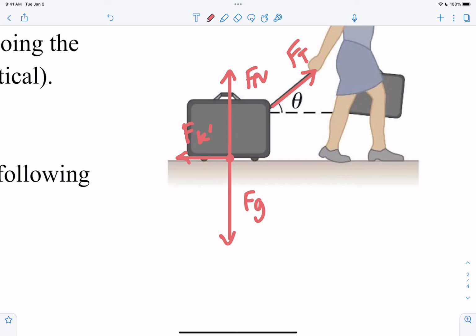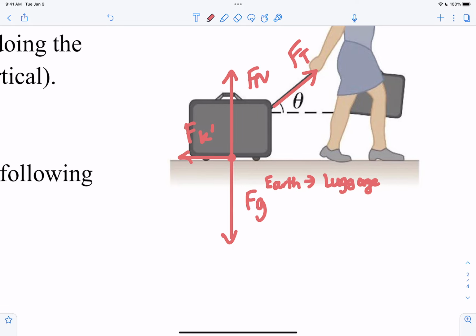Yeah, Earth on luggage. Excellent. So the force of gravity is due to the Earth, right? And that's our agent, and that's acting on this object here, the luggage.